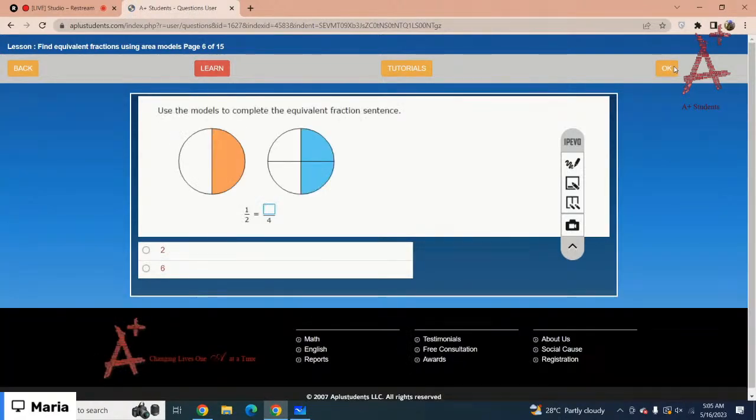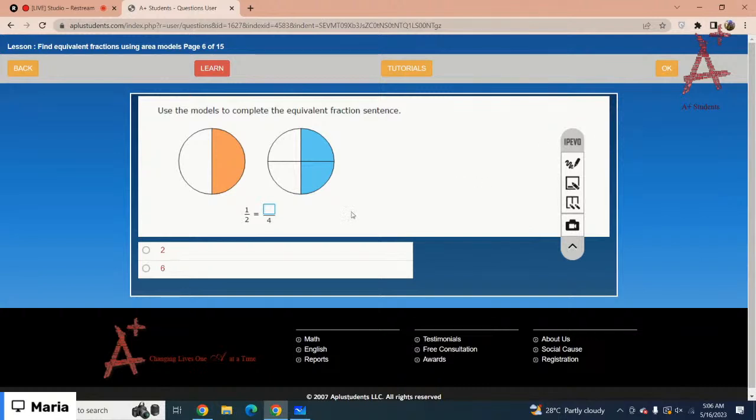Okay, use the models to complete the equivalent fraction sentence. So which is the option? It would be 2 out of 4.